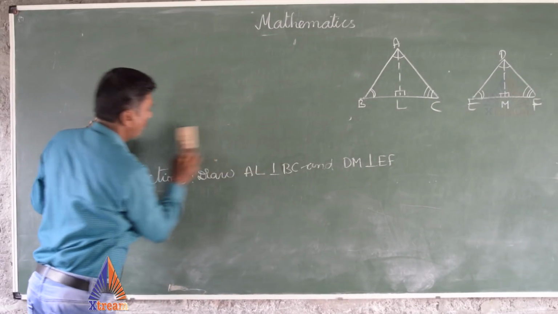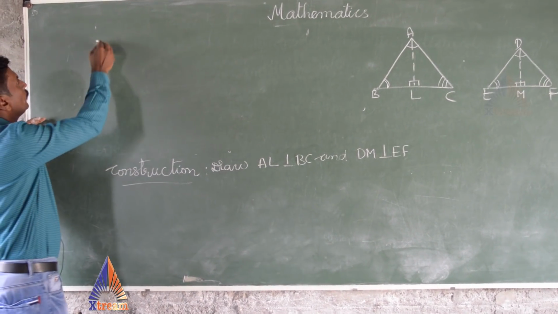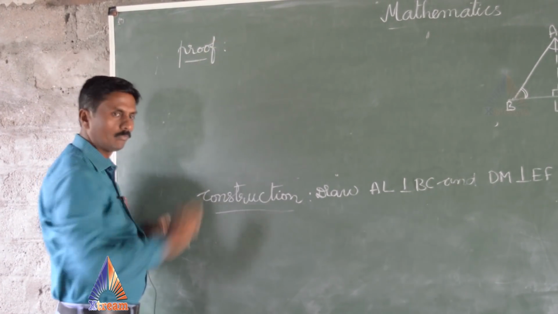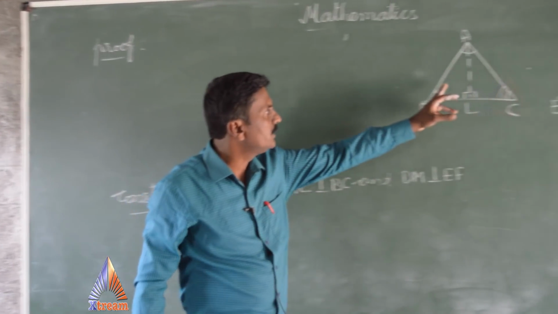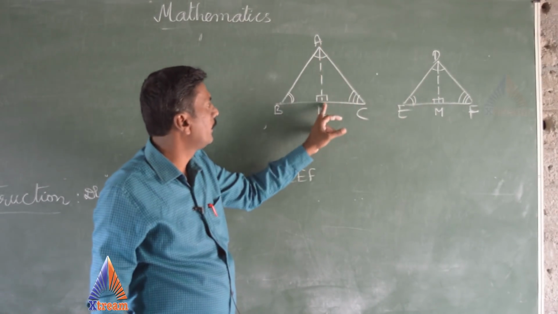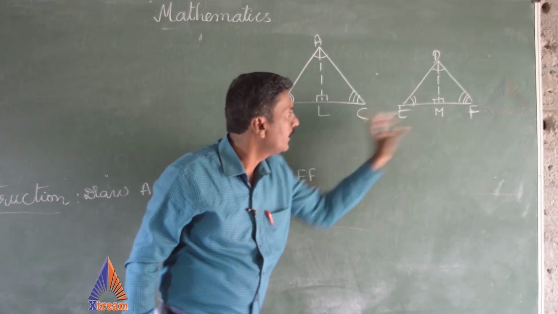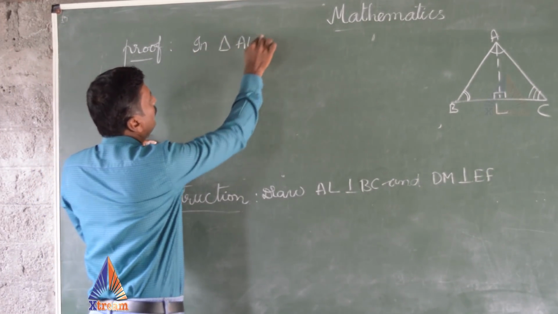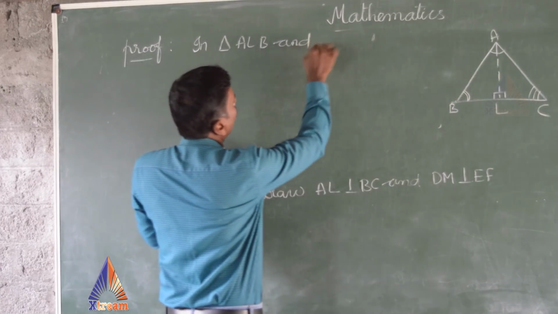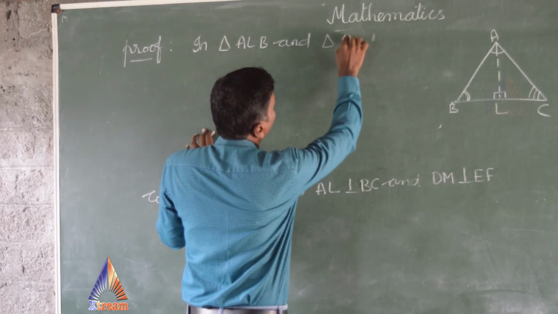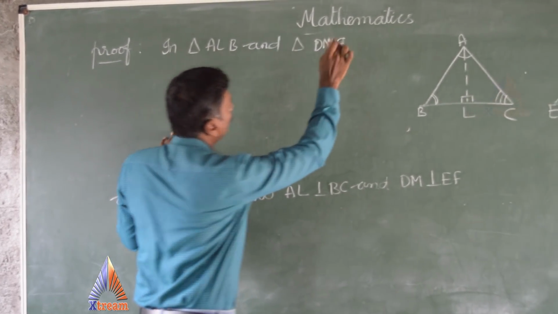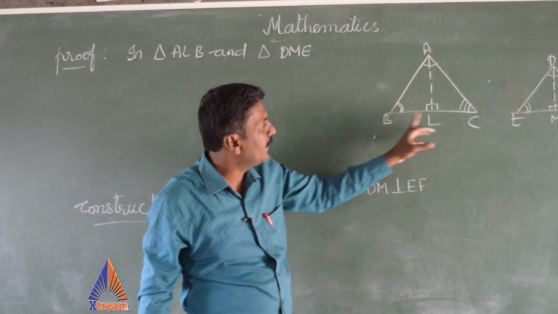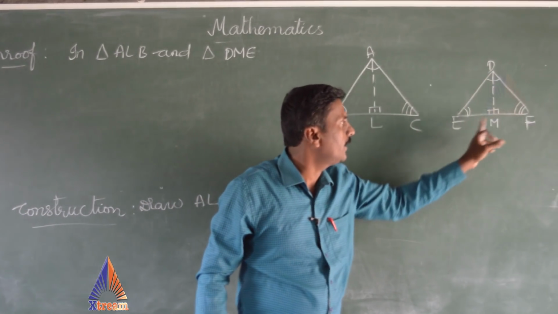Let's move to next step. What is that? Final one now. Proof. Now I am considering these two triangles, triangle ALB and triangle DME. In triangle ALB and triangle DME, here you know that angle ABL is equal to angle DEM.